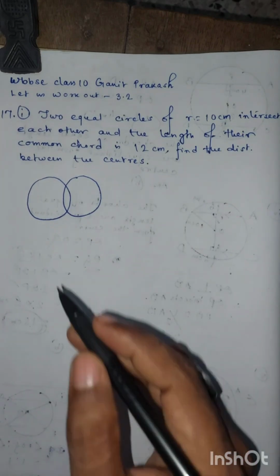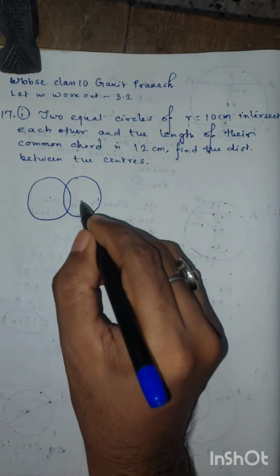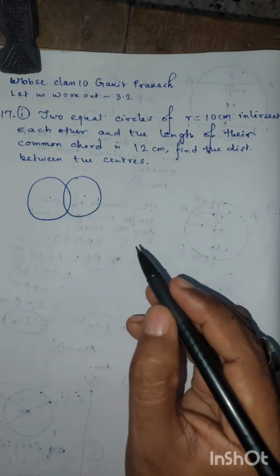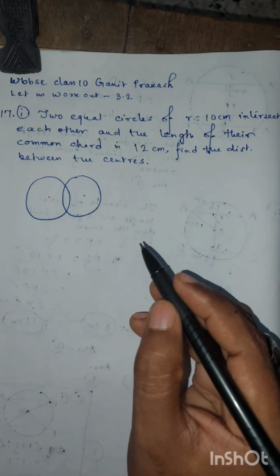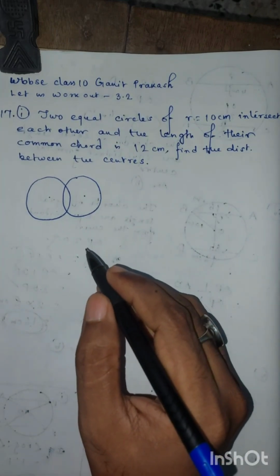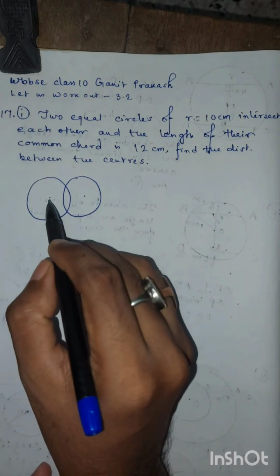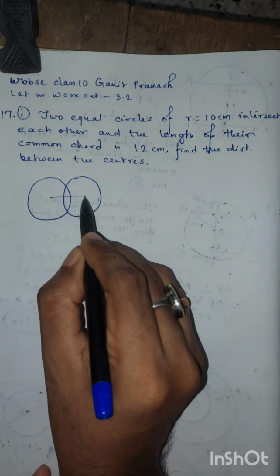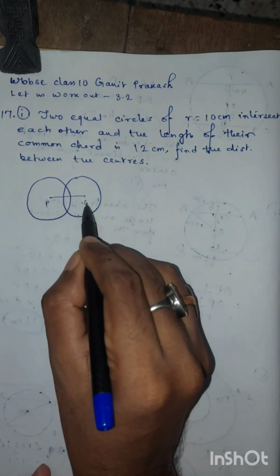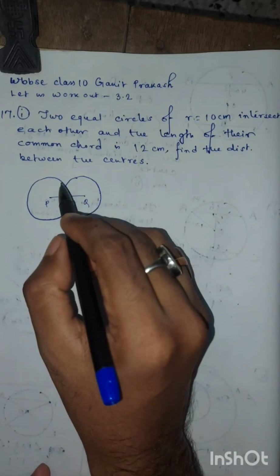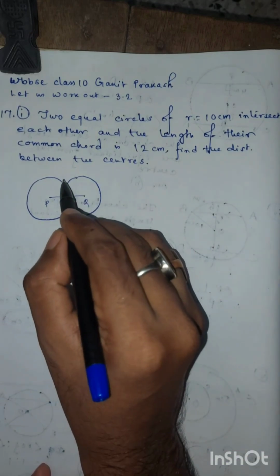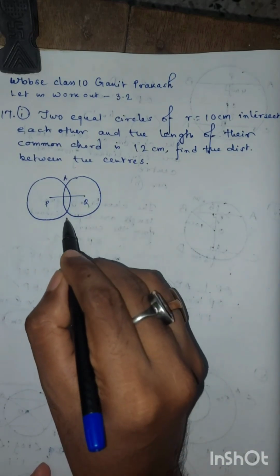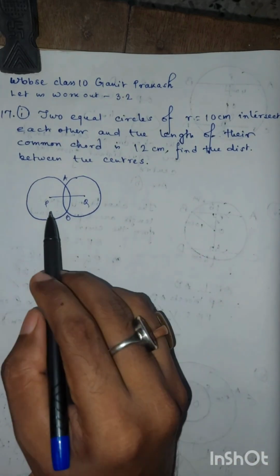Two equal circles with centers P and Q. They intersect each other, let us say at points A and B. We have to find the distance between their centers.